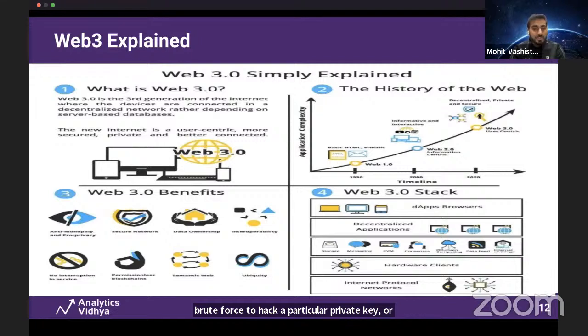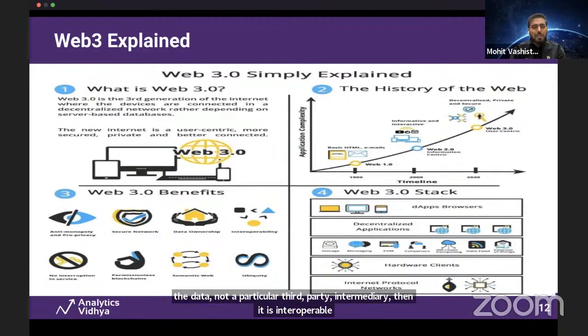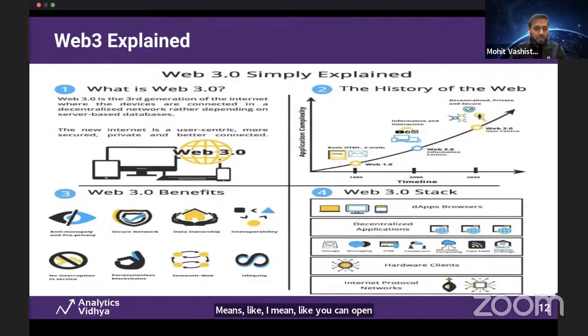The data ownership is yours, it means the user owns the data, not a particular third-party intermediary. Then it is interoperable, meaning you can operate from different environments. There is no interruption in the service because the network is always live.